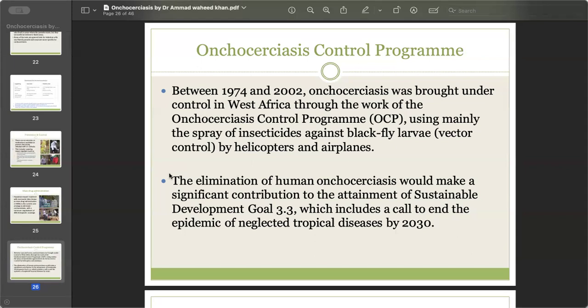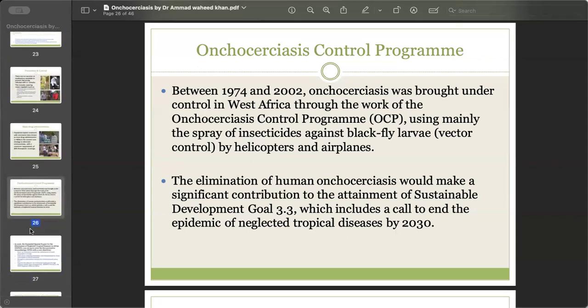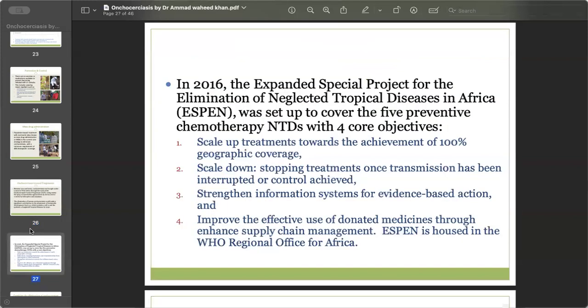The elimination of human onchocerciasis would make a significant contribution to the attainment of Sustainable Development Goal 3.3, which includes a call to end the epidemic of neglected tropical diseases by 2030.